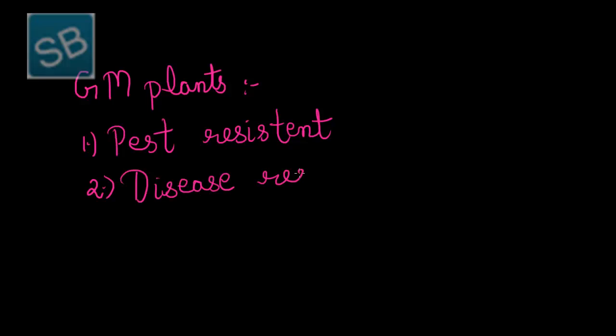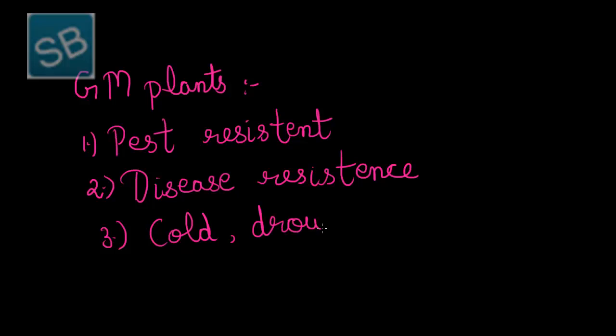It is very obvious that if such plants are pest resistant, that is insect resistant, then they automatically become disease resistant. Third, apart from disease, they also become resistant to various climatic conditions like cold, drought, then salt and heat tolerance.